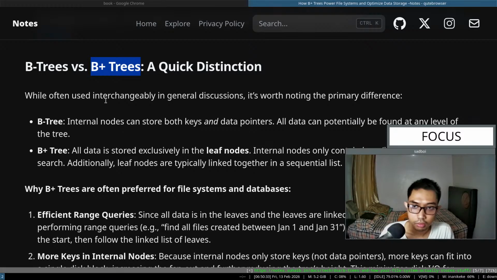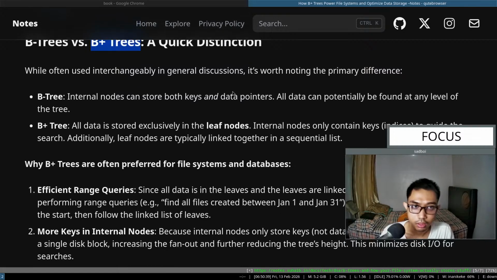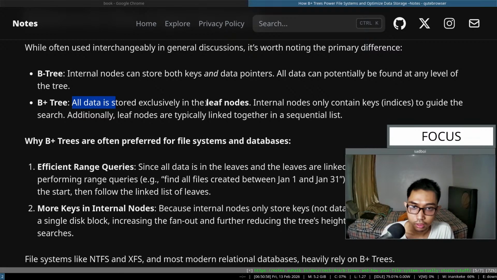While often used interchangeably in general discussion, it's worth noting the primary difference. In a B-tree, internal nodes can store both keys and data pointers, so data can potentially be found at any level of the tree. In a B+ tree, data is stored exclusively in the leaf nodes.